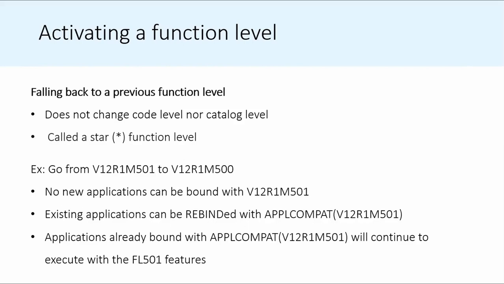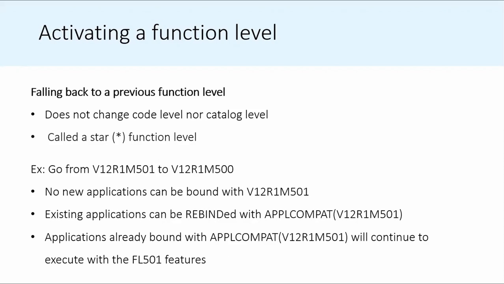So in this example, if we are already at V12 R1 M501 and we want to go backwards to V12 R1 M500, maybe there was something there that we wanted to have access to that we do not have with 501.